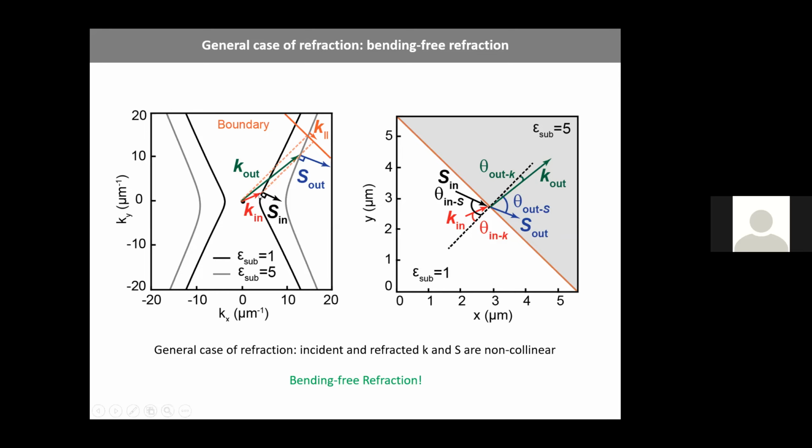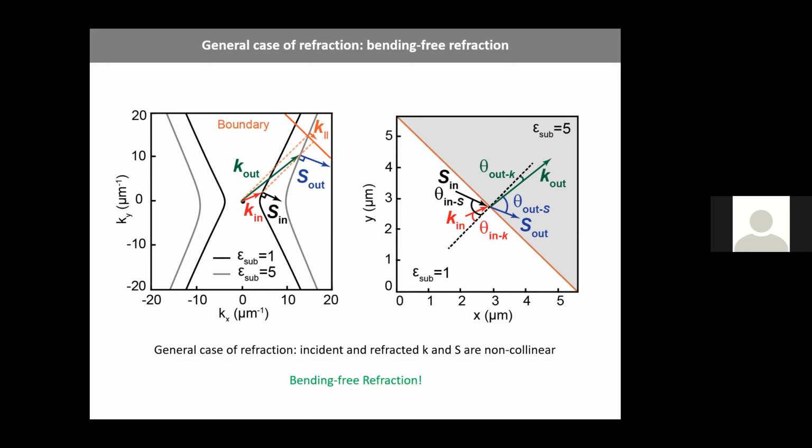K is now non-collinear with S, and the K out, if we put a boundary like this, will also be non-collinear. And if we do so, we can find a condition where the energy incoming to the boundary does not suffer any refraction. It just passes through the boundary. So you can see here, S passes through, S out is like this, but K changes.